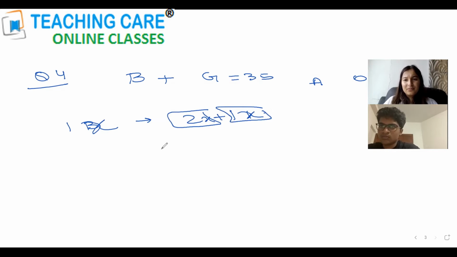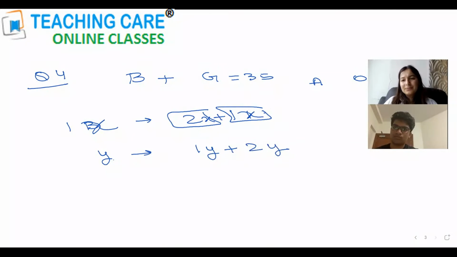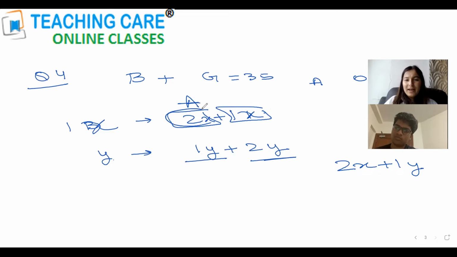And similarly, let's say girls are y. You can even take it as B and G, that is your choice. It is given that each girl is given 2 oranges and an apple. That means 1y plus 2y. This is for oranges, this is for apples. Now, can we say 2x plus 1y, these were the apples quantities, should be less than 60.